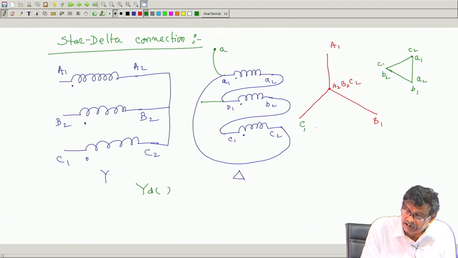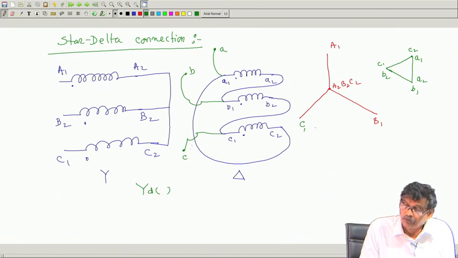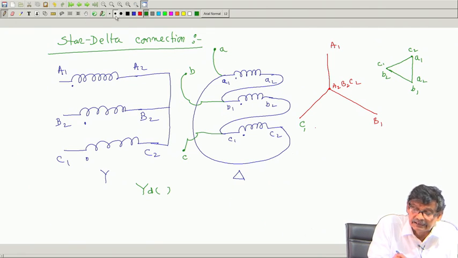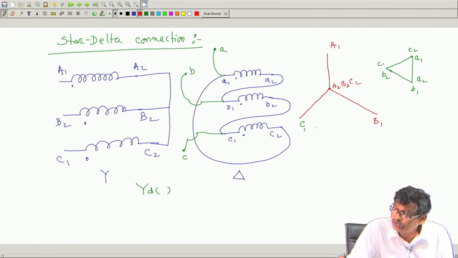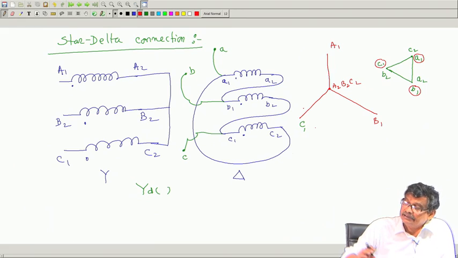So, this will be another output, secondary output B, and C1 is another junction, which is the output. A, B, C is the output which will go to the load. Therefore, I circle them. Although C2 is present, it is A1 is there, B1 is there, C1 is there. That way, I will say the output terminals are A, B, C.